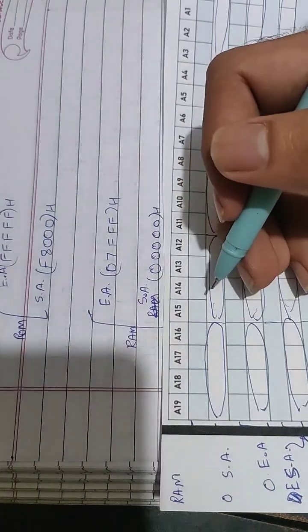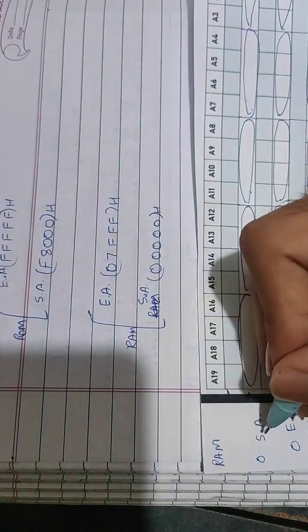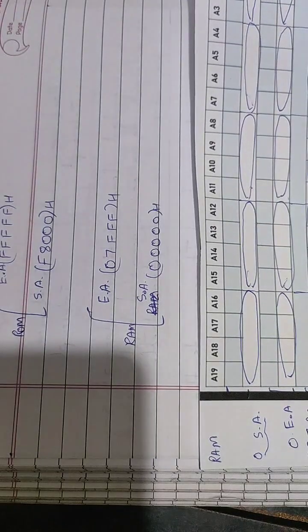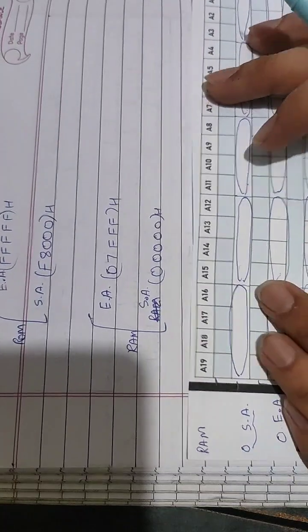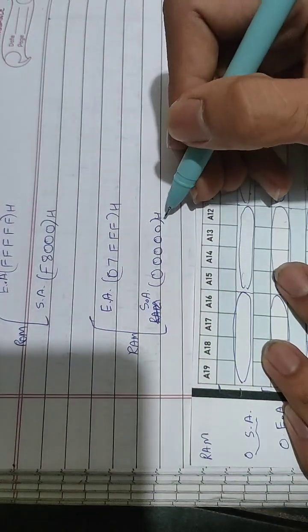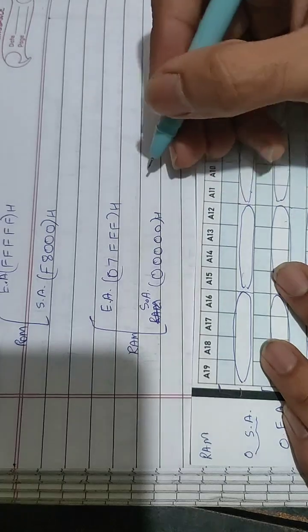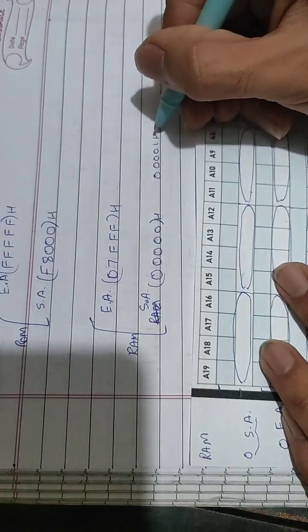Okay, so now let's see. For an odd bank, we need the odd bank's start address firstly. The odd bank should start with an odd number, no? So this is 00000. What is the next odd number? That is 00001H, correct?